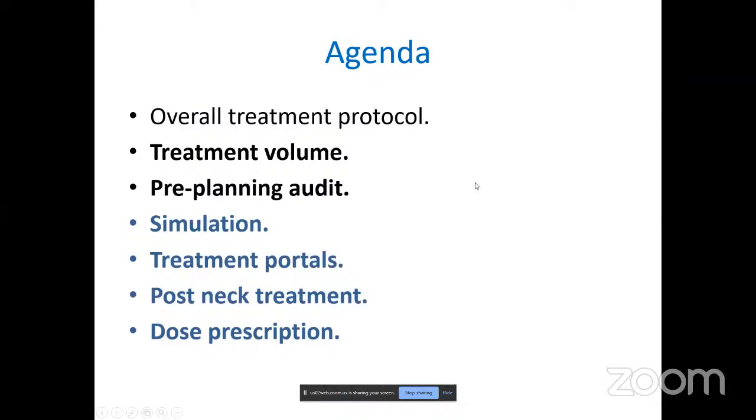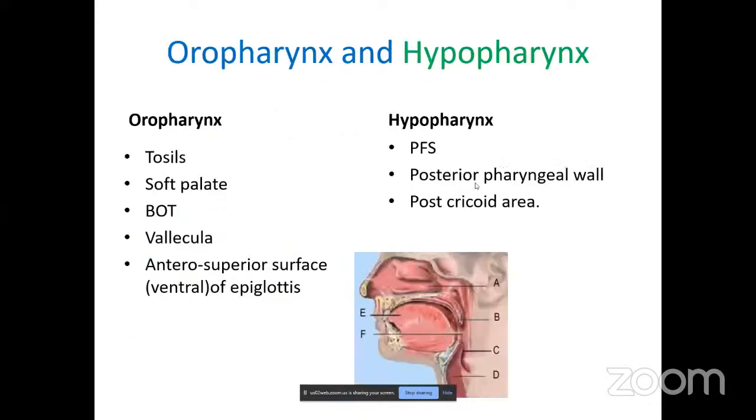I thought the radiology discussion will be over anyway, so we can discuss radiology before discussing the 3D planning in oropharynx and hypopharynx.